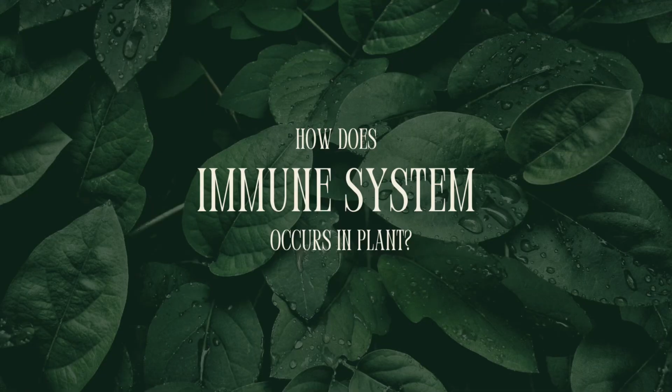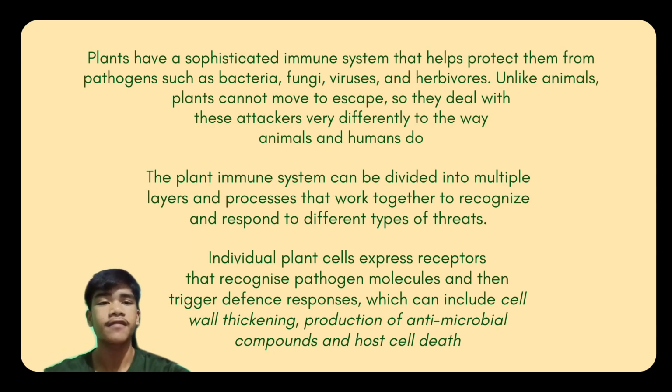So the first is, how does the immune system occur in plants? Plants have a sophisticated immune system that helps protect them from pathogens such as bacteria, fungi, viruses, and herbivores.